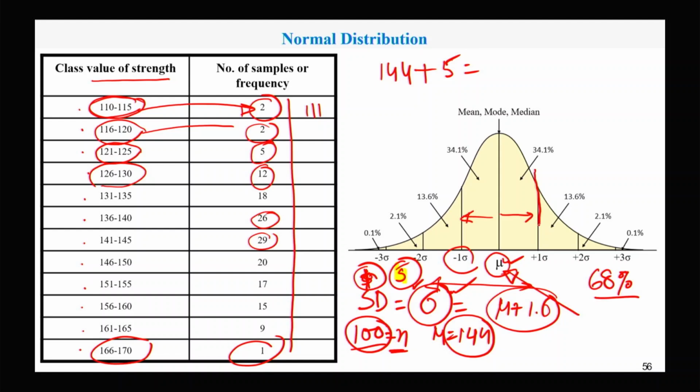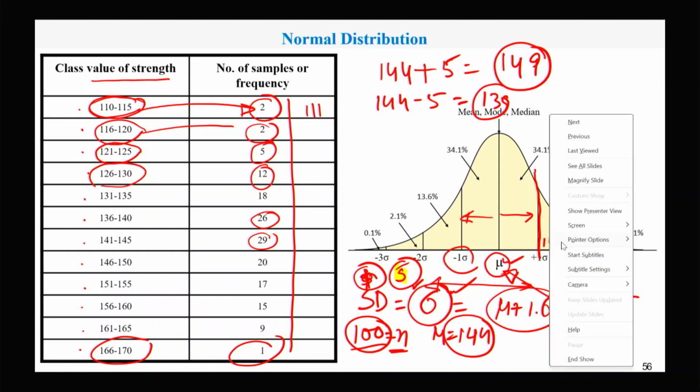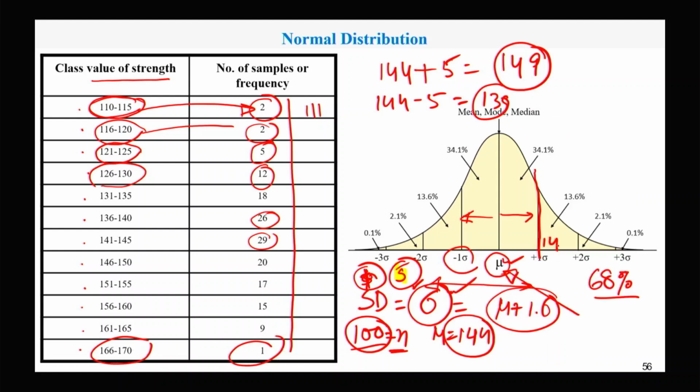So this zone: 144 plus 5, 149, and 144 minus 5, it's 139. So this value is 149 and this is 139.